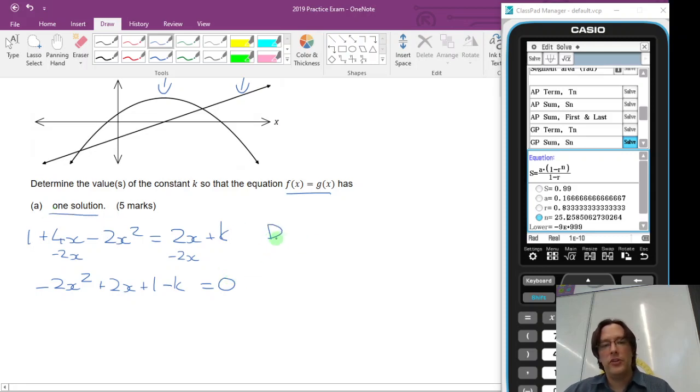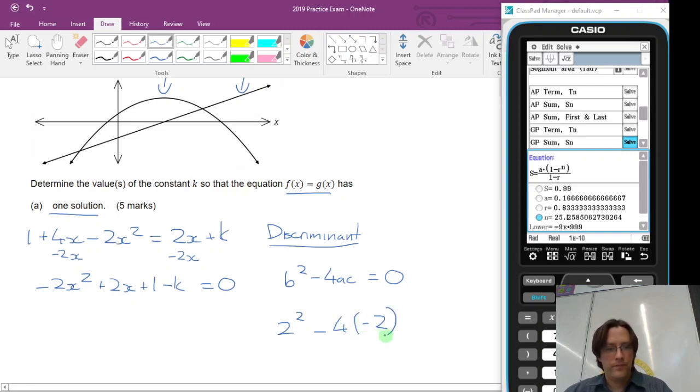So we actually want to use the discriminant. The discriminant is b squared minus 4ac, and when it has one solution, it's equal to 0. So what's our b term? That's 2 squared. What's our a term? Minus 4 times negative 2. And what is our c term? That is 1 minus k. We want that equal to 0.